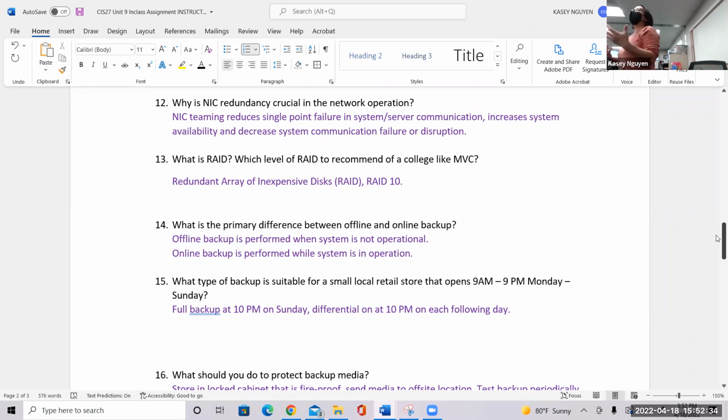Now, some older systems, you have to take offline in order to do backup. Depending on the size of the data, if you have lots and lots of data, it takes a while to back it up, and even longer to restore. But if you have a little bit of change to your data, then it's only going to be a short time.